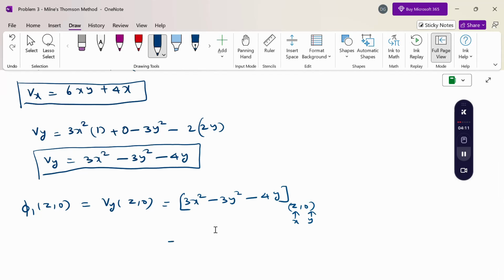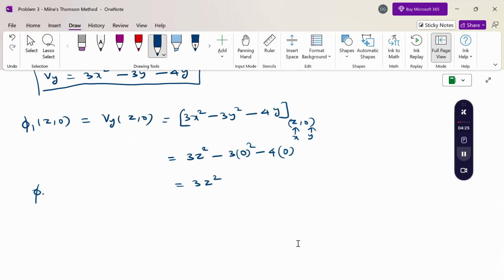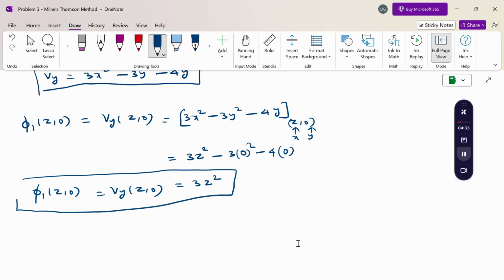Therefore 3z square minus 3 times 0 square minus 4 into 0. So this is 3z square. This is phi 1 of z comma 0.